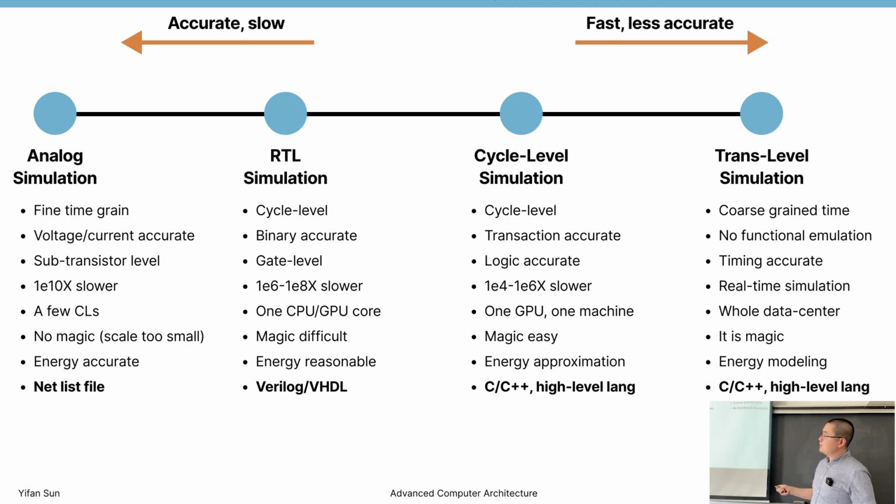Then on cycle level simulation, since it's mostly implemented in software, we don't really care that much about bit level accuracy, binary accuracy. For example, if you write RTL level simulation, then you have a network, right? From node A to send to node B, there are several nodes in this network. You have to have a specific way to identify each node. Say this node is 1, 2, 3, 4, and 001, 002. Then you have to identify them and send it through the network.